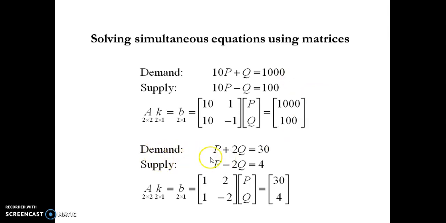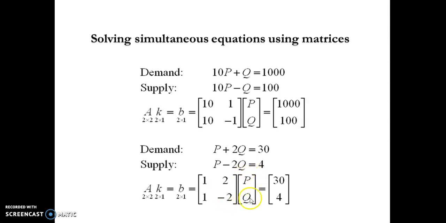Here again, we have demand and supply equations. They are lined up, our P's and our quantity, and our constants on the right-hand side on their own. Therefore, I can now take the coefficients of my demand and supply functions. Here the coefficient of P is 1. The coefficient of Q is 2. Then for my supply equation, the coefficient there is 1, and the coefficient here for Q is minus 2.